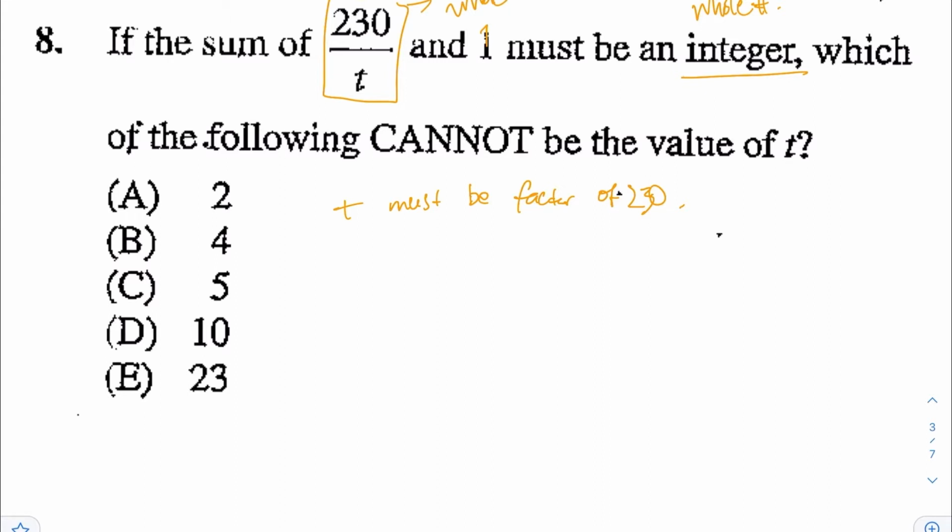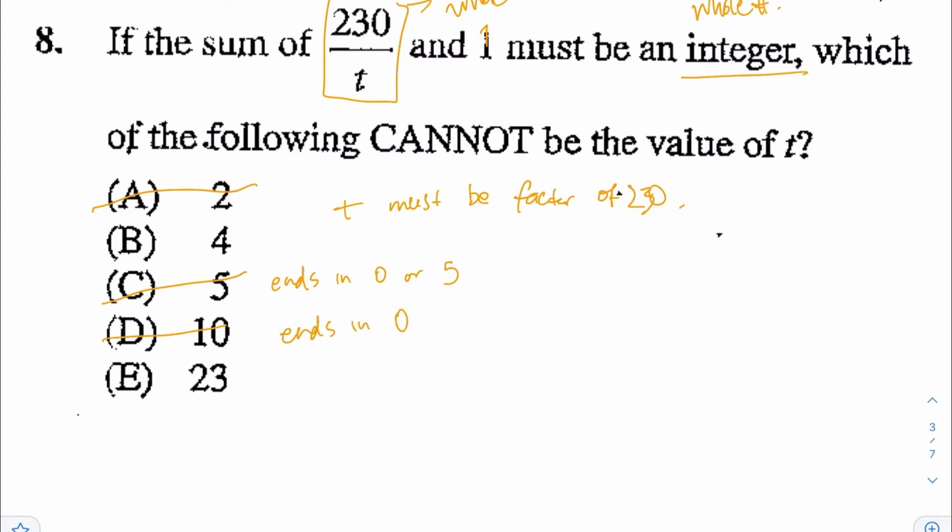So for example, for choice A, 230 is even, so T could be equal to 2, because you get a whole number. For choice C, 230 ends in 0, and multiples of 5 end in 0, 5. So we know it's a multiple of 5. Same thing for 10, has to end in 0, and 230 ends in a 0.